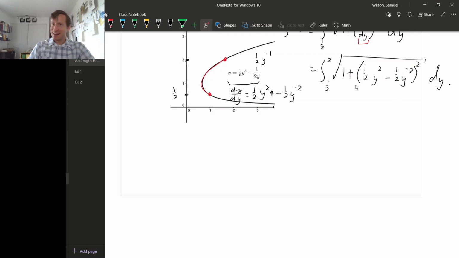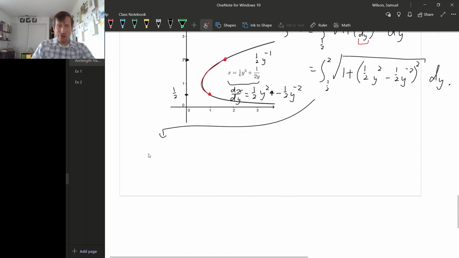Okay, so that said, what we're going to have to do is multiply out everything inside of these parentheses. So the integral from 1/2 to 2 of the square root of 1 plus 1/2 y squared times itself, which is going to be 1 over 4 y to the 4th. Now we do twice the product of these two, so that's going to be minus 1/2.